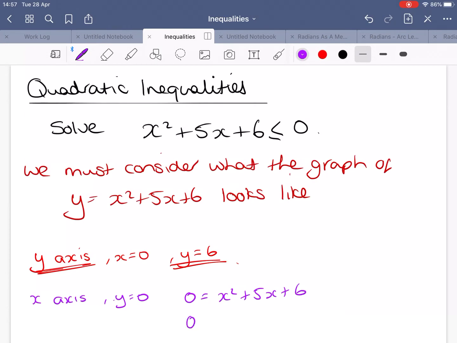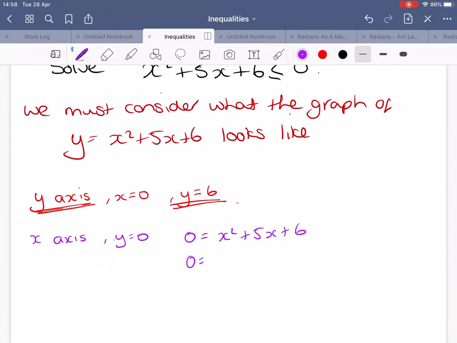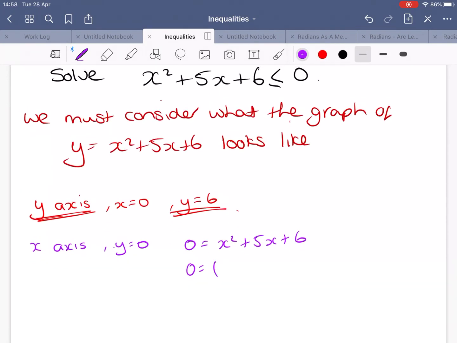Now, usually these aren't that complicated to factorise. And in this case, we're just going to get x plus 3 and x plus 2. So we can say it's going to cross the x-axis when either x equals -3 or x equals -2.